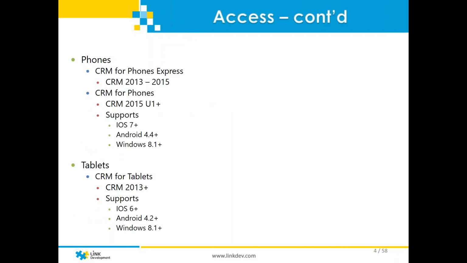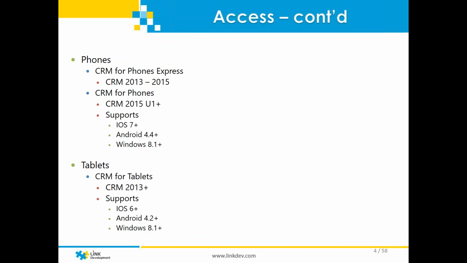Okay, there are a few apps that can be used to access CRM. There are two types. Something called CRM for Phone Express, and that's actually deprecated. You don't use it anymore because it was for the old versions, and it's not recommended to be used. And then you have CRM for phones. It's used from CRM 2015 update 1 and above.